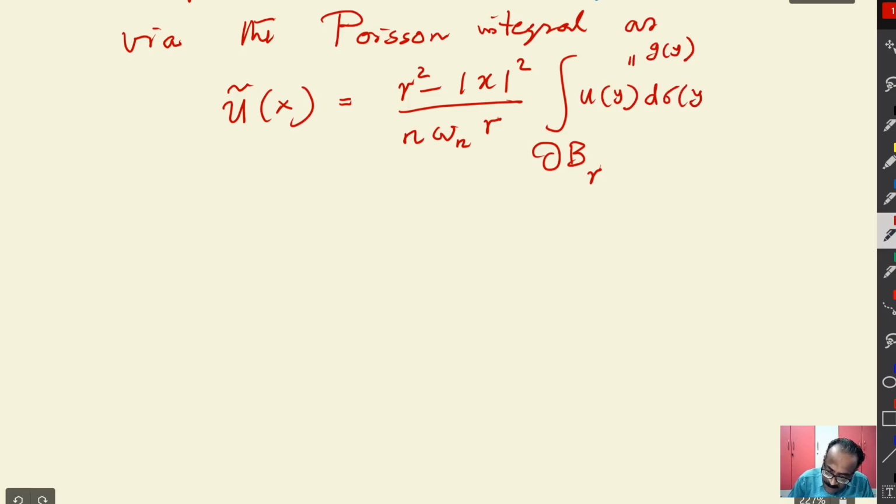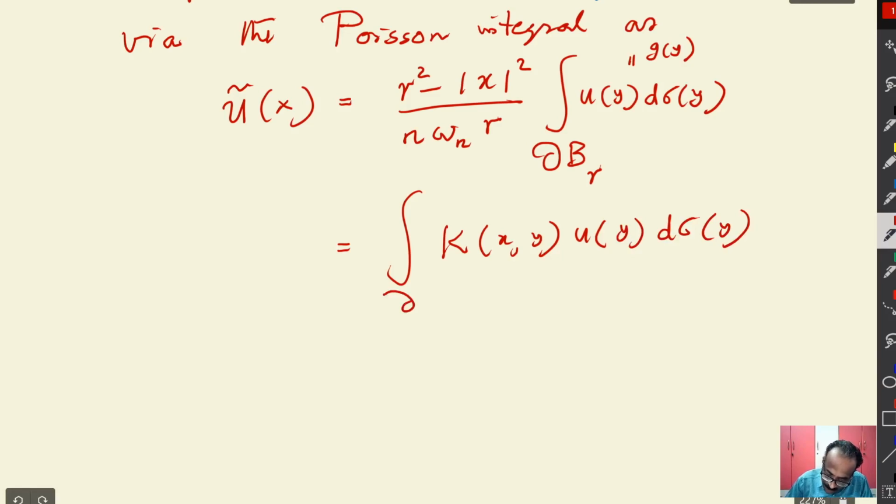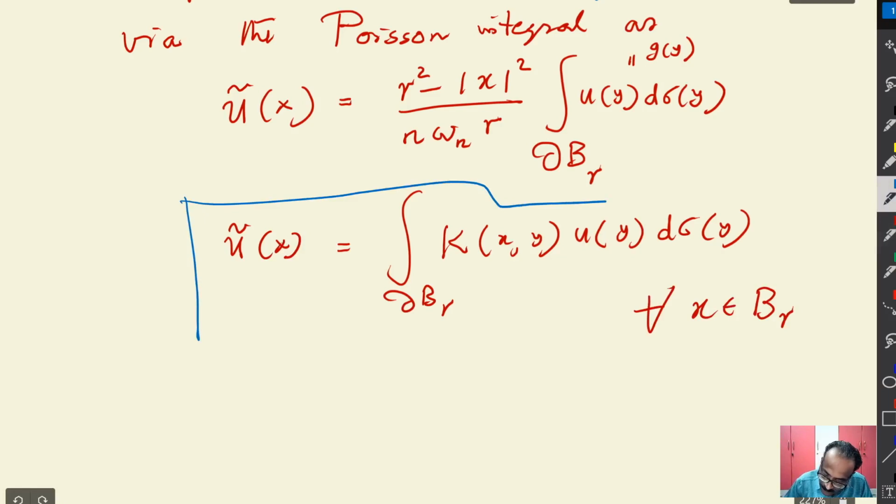This is nothing but the integral; if I denote K(x,y) times U of y, d sigma of y, over the boundary of the ball. So this is your U tilde of x, for all x inside B_R.